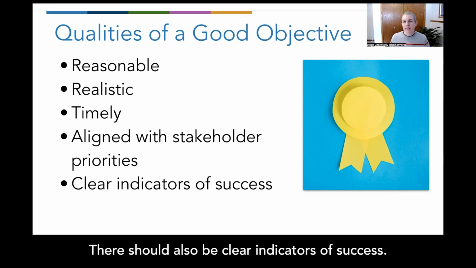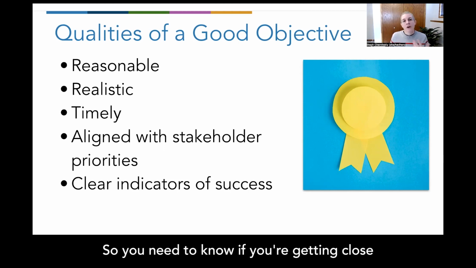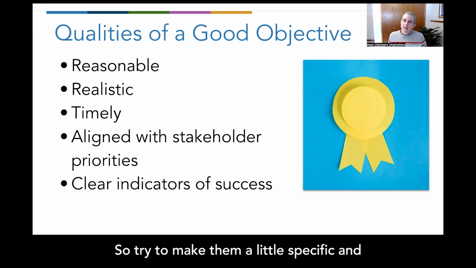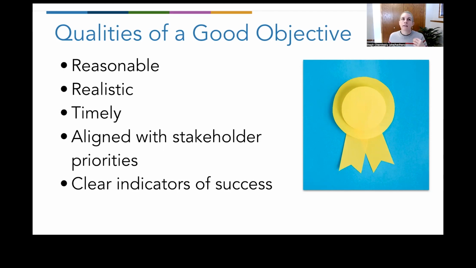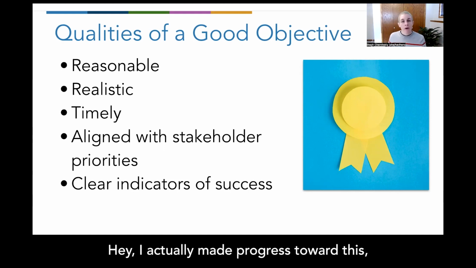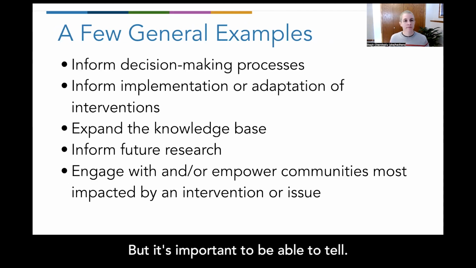There should also be clear indicators of success. So you need to know if you're getting close to achieving your objectives, if you have achieved them. So try to make them a little specific and frame them in a way where you can tell, hey, I actually made progress toward this, or maybe I didn't make progress. But it's important to be able to tell.